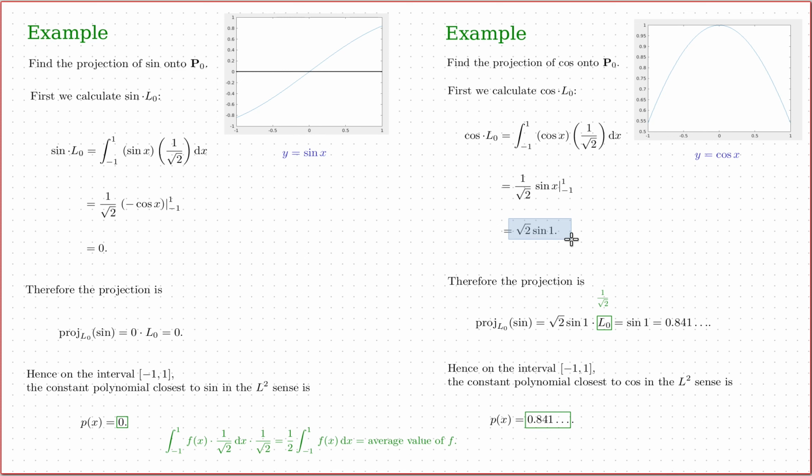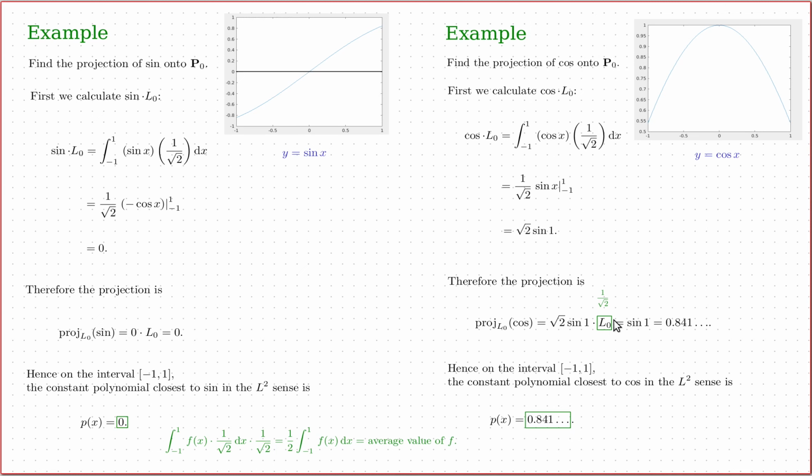That's a number, right? Sine 1 is some irrational number, but it's just a number. And therefore, the projection of the cosine function onto L0 is the dot product, radical 2 sine 1, times L0.